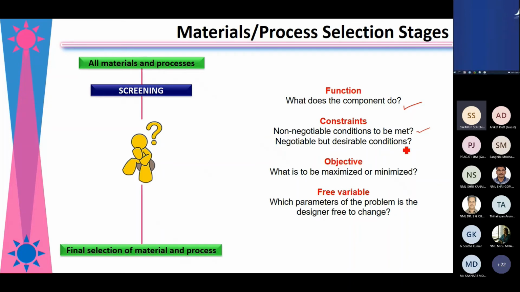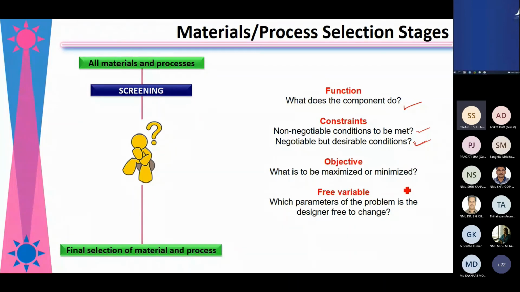So we have to put some non-negotiable and negotiable constraints. Negotiable constraint means a desired constraint, and desired constraint means if we have it, it is very good, but if it is not, then also we can choose that material. Then you have to have an objective.